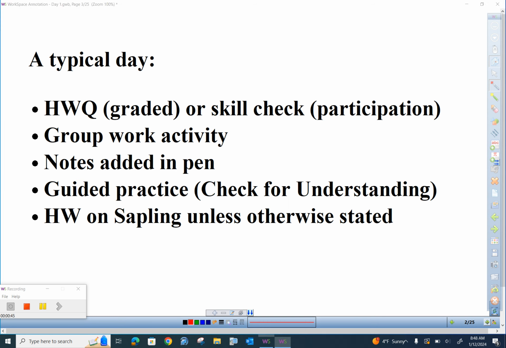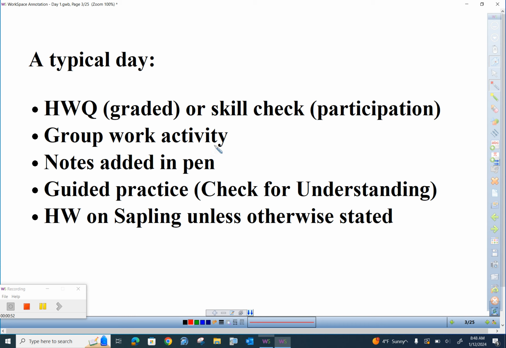Okay, so typically we're going to start with either a homework quiz or a skill check if we just want to practice some of the skills from the previous class, but we aren't quite ready for a homework quiz. We're going to do some group work that will lead through some of the vocab that you need to know.